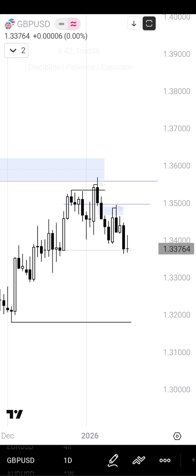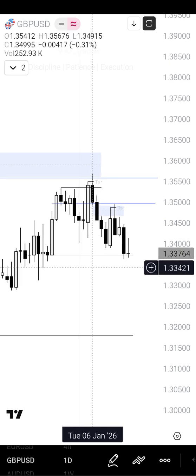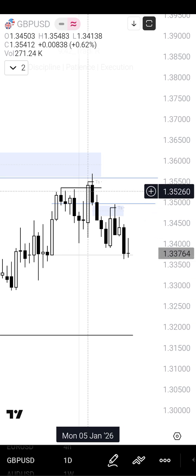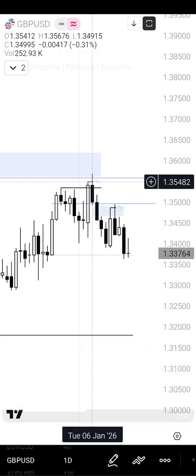You can see here that January took out December high on Tuesday, making it the high of the week for the first week of January.